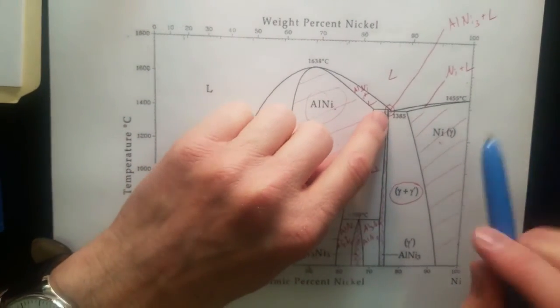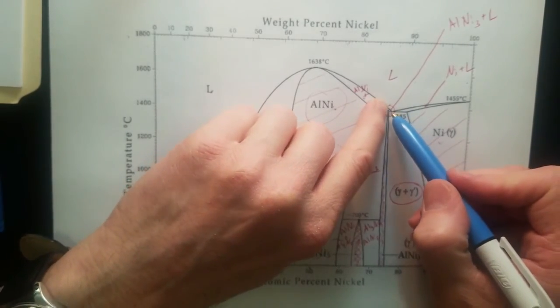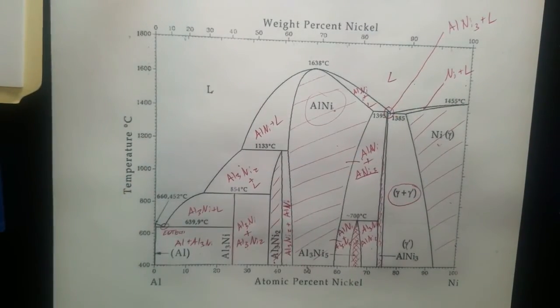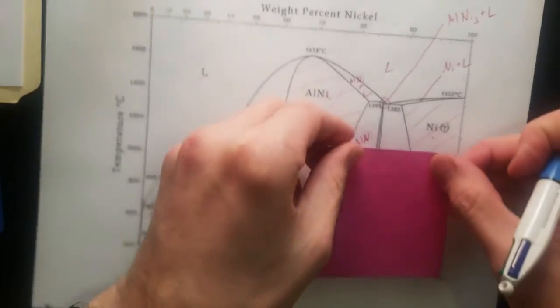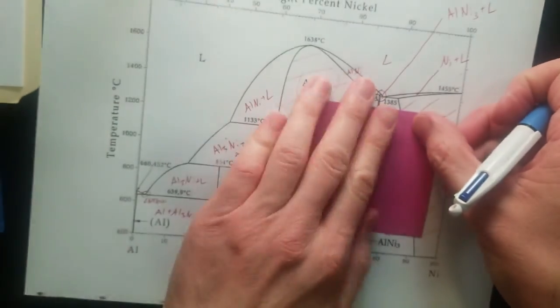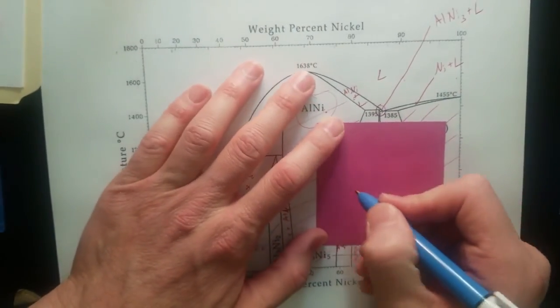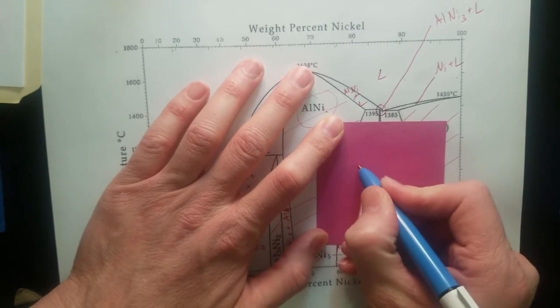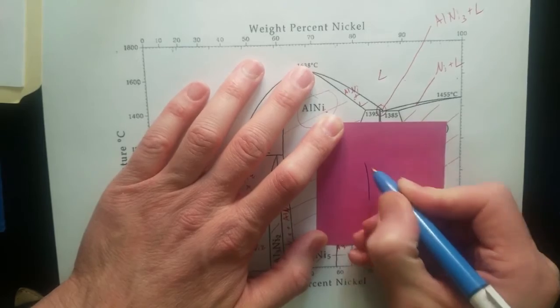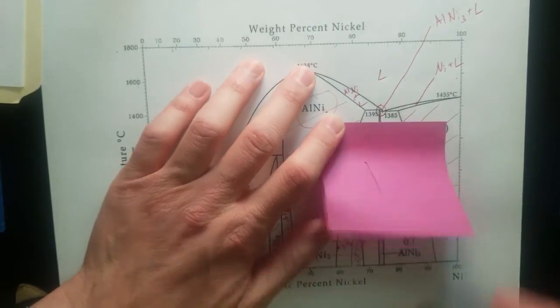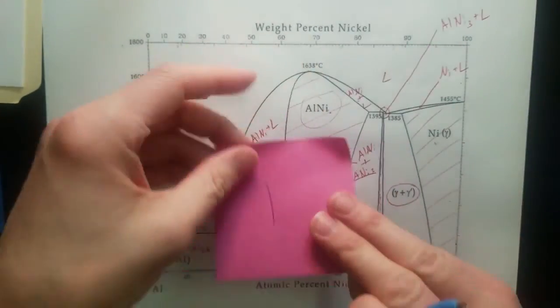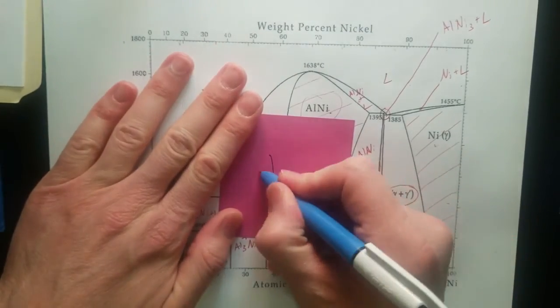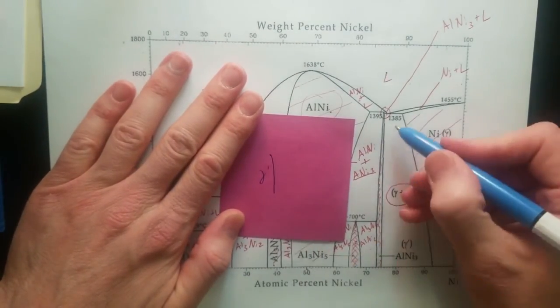And if you zoom in here, there's actually a paratectic. So let me highlight there what's happening to try to draw this in. What's happening is that is our gamma prime.